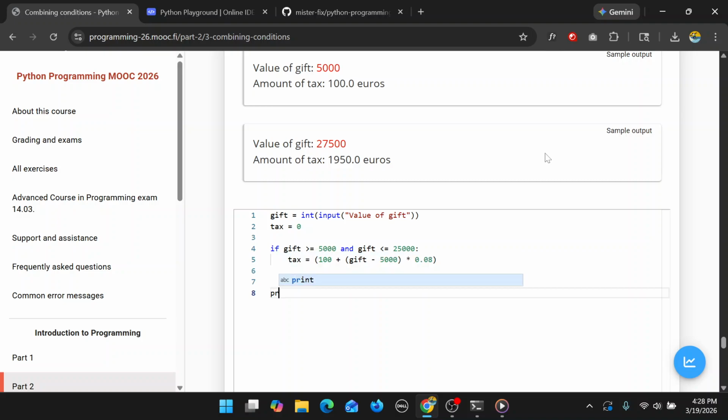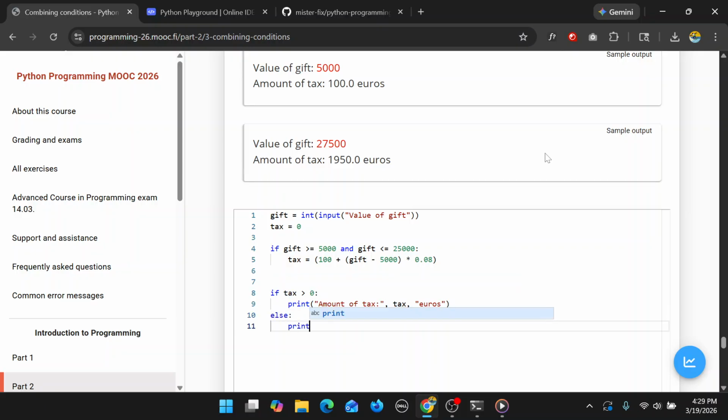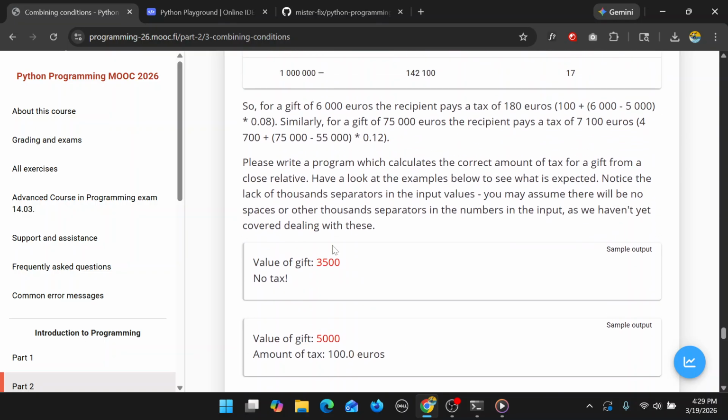Then down here, we'll say if tax is greater than 0, then we're just going to print amount of tax euros, like that. Else, we're going to print no tax. Because remember, if the total value of the gift is less than 5,000 euros, then we have no tax.